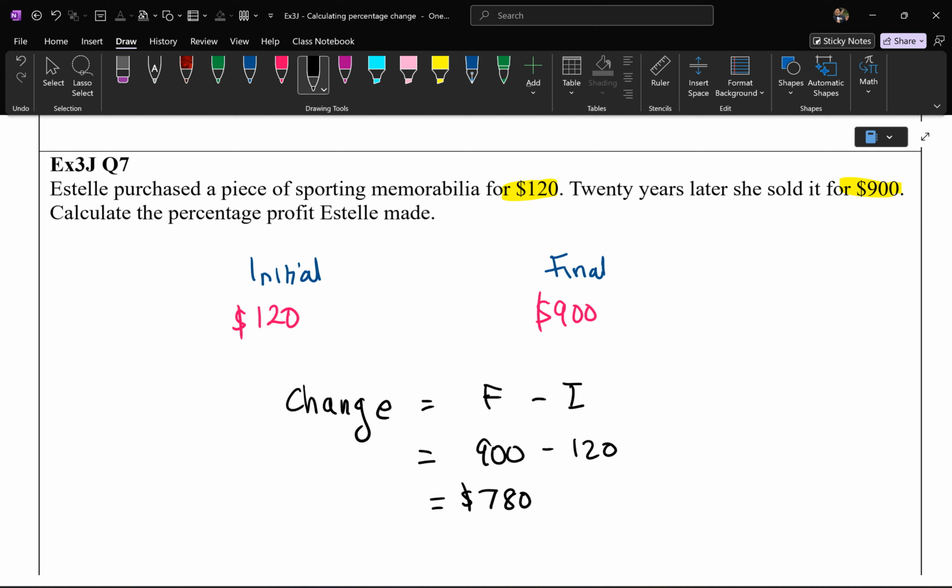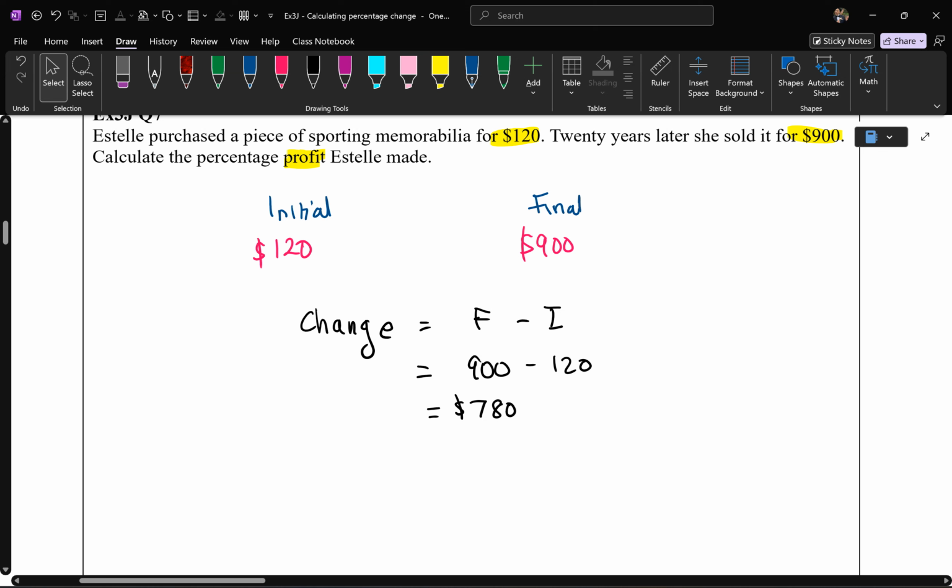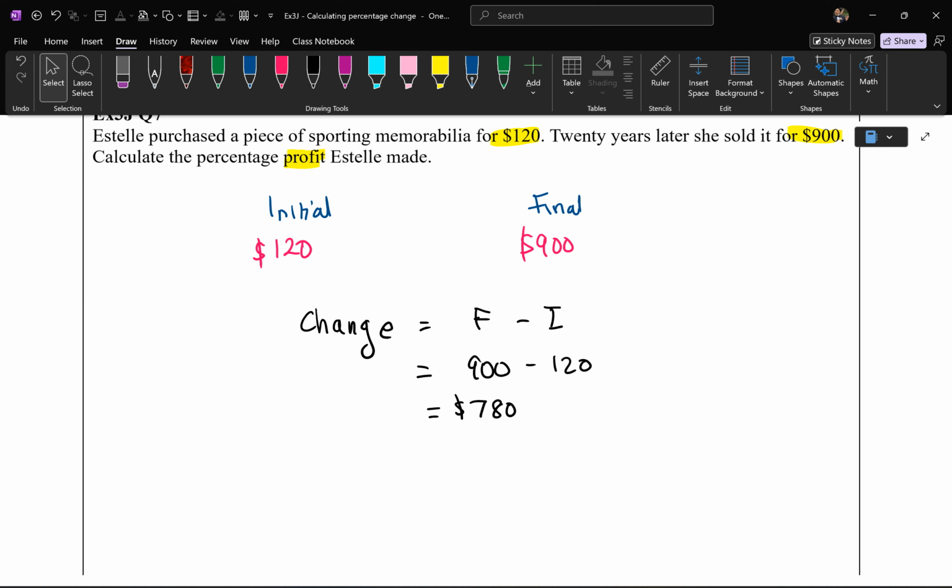And it makes sense because you ended up with a larger number than what you started off with. So it has to be a profit. So this clearly is a profit, and the question kind of alluded to it. Let's say percentage profit. You've got $780, but we're not interested in the change. We know it's a $780 profit, but we want to know what that is as a percentage. So to work it out as a percentage, you need a proportion. Can you write this as a proportion for me? Let's go with Tom.